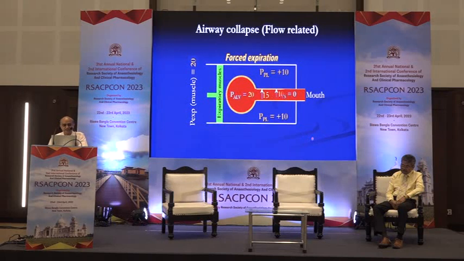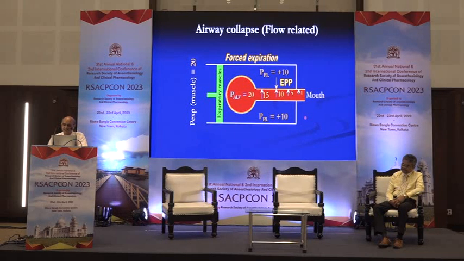This force will help the alveoli to empty out, and as you see, the pressure from the alveoli to the mouth will gradually fall before it becomes 0, and the flow will cease and no more alveolar emptying will happen. So there is a point where the pleural pressure will equal the pressure in the airways, let us say at 10.